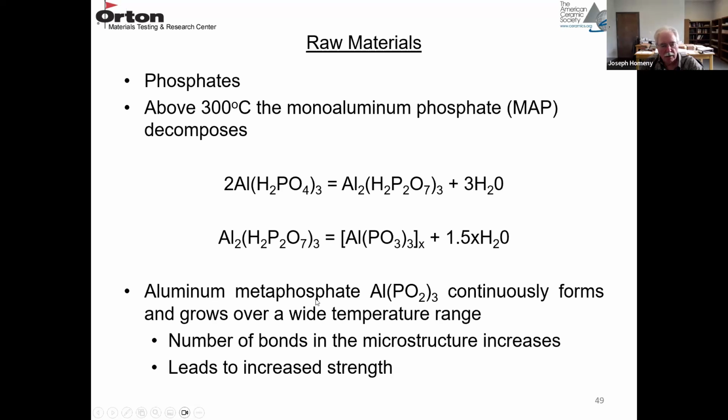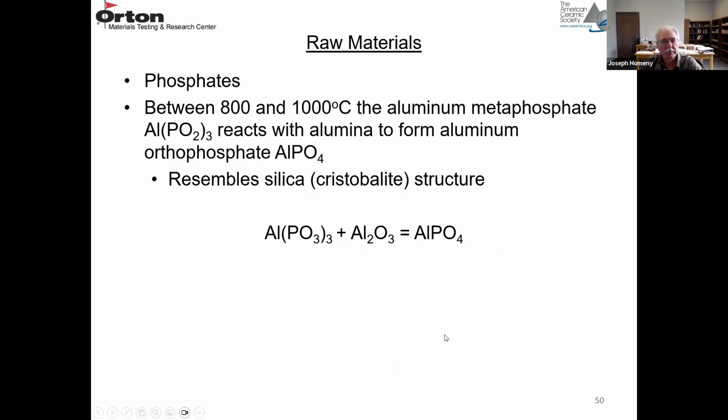So this aluminum metaphosphate forms and grows over a wide temperature range, and it increases the strength, and it just forms in the matrix and bonds the material together. But then that monoaluminum phosphate, as you heat it up, is going to then change.